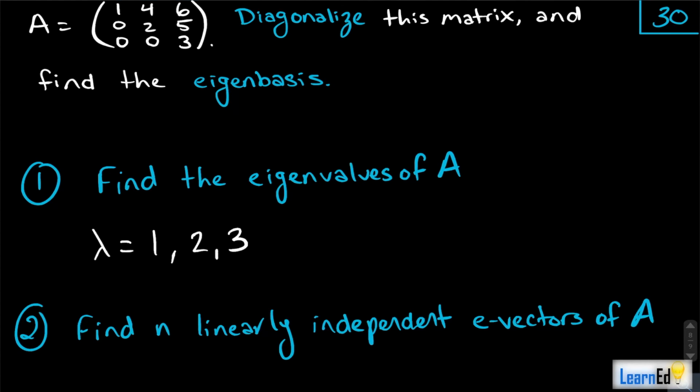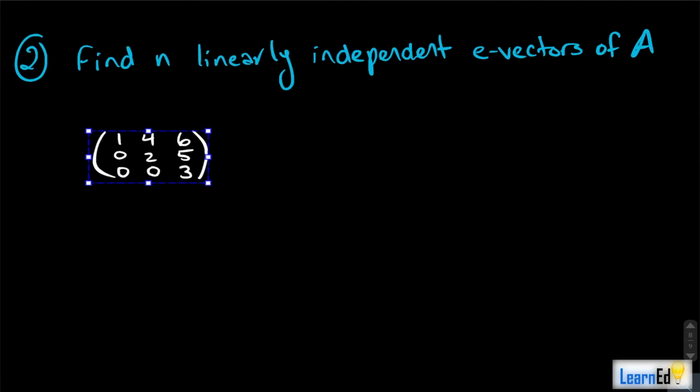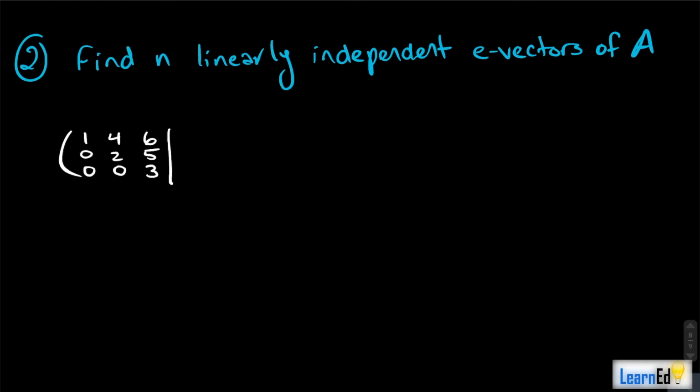Okay, so now we need to actually go through and find the eigenvectors. So what we do, remember, we augment this with 0. Instead of having it be this though, you have to subtract lambda down the diagonal, right?